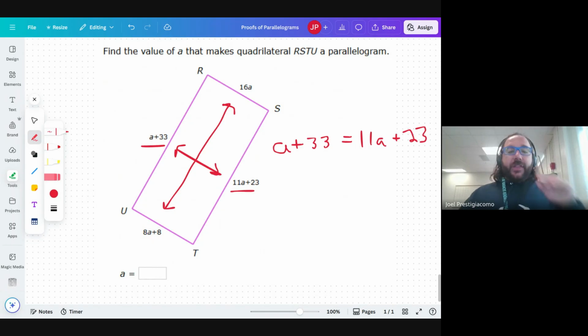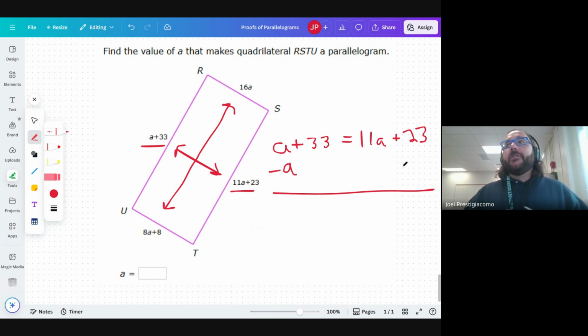So this can be done over a couple of steps, but I'm going to do one step to clean this up at first. So I'm going to subtract a from both sides. It will remove it from here, and I'm going to get 10a on the right.